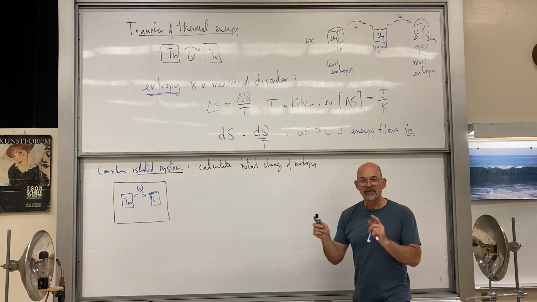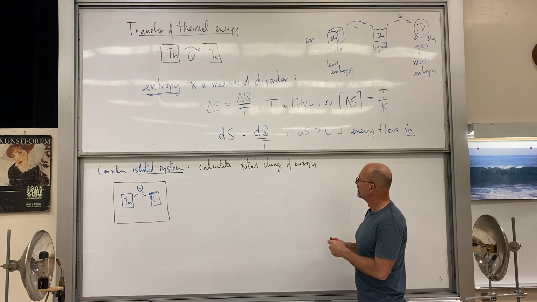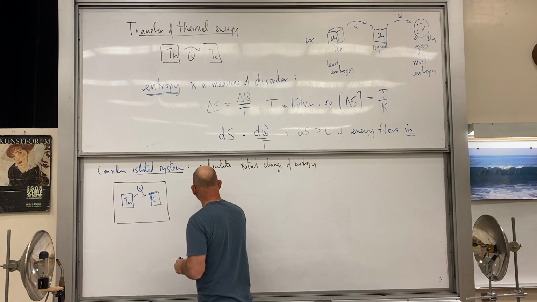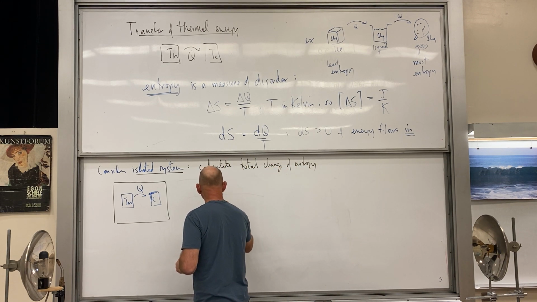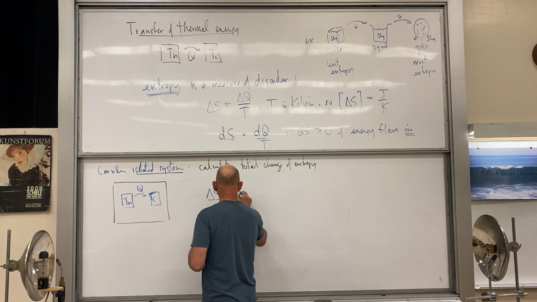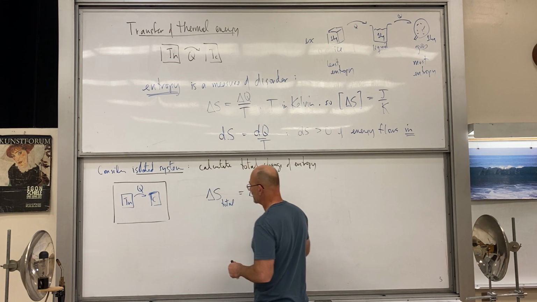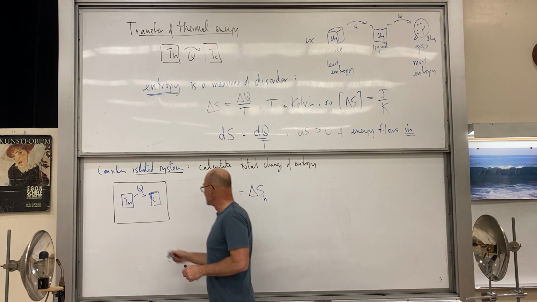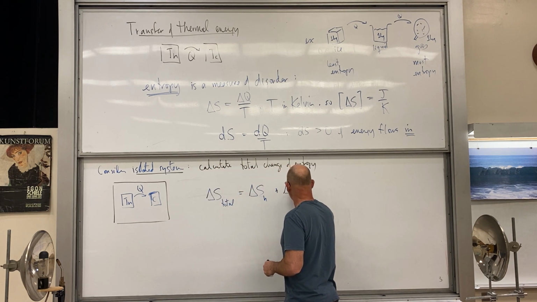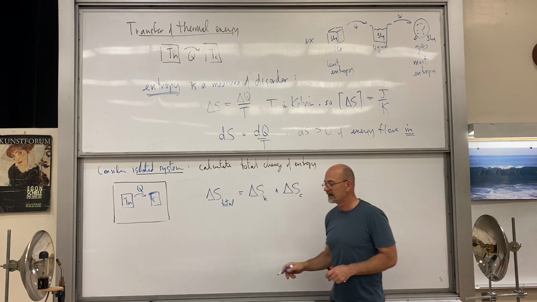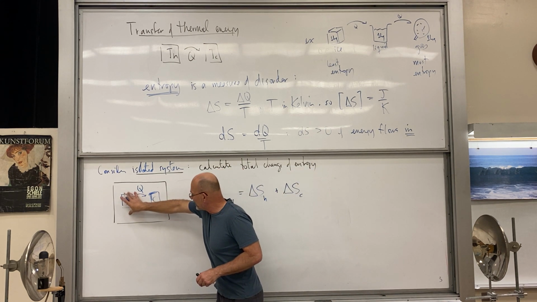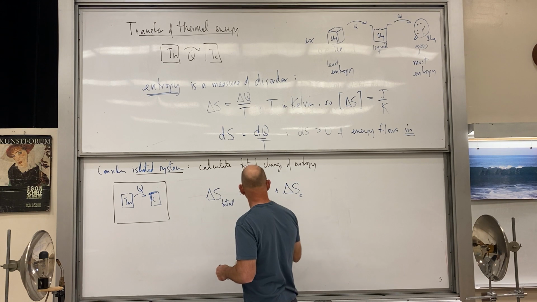And this is just the very simple version of this, but here we go. We would say delta S total is going to be delta S from the hot one plus delta S from the cold one. But it's the same amount of heat. It just left one and entered the other. So here's what we get.